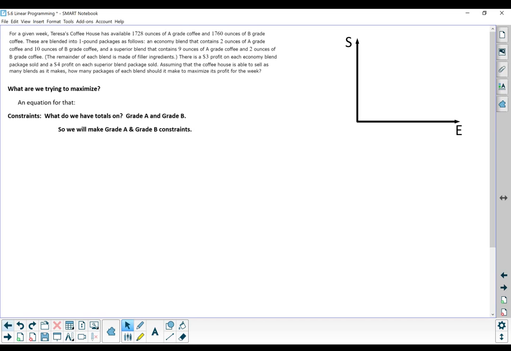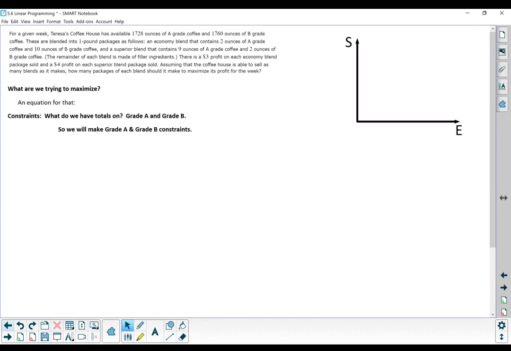So the first one says, for a given week, Teresa's Coffee House has available 1,728 ounces of grade A coffee and 1,760 ounces of grade B coffee. They blend these into 1 pound packages as follows. They have an economy blend that is 2 ounces of grade A and 10 ounces of grade B, and then they have a superior blend that is 9 ounces of A and 2 ounces of B. The remainder of each blend would be filler ingredients.